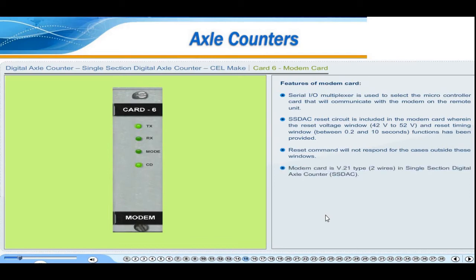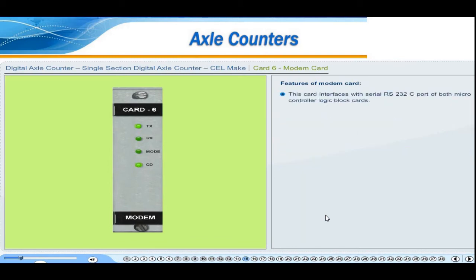The modem card is V21 type, 2 wires in single section digital axle counter. This card interfaces with the serial RS-232C port of both microcontroller logic block cards. It multiplexes the two RS-232 inputs, selects one of the two channels, and provides signal conversion from digital to analog and vice versa as per CCITT V21 standard.